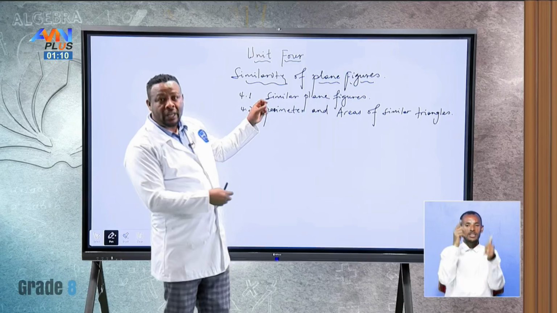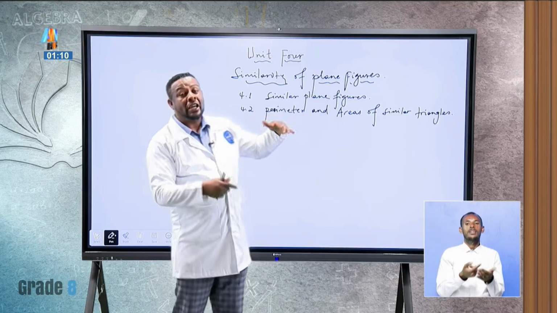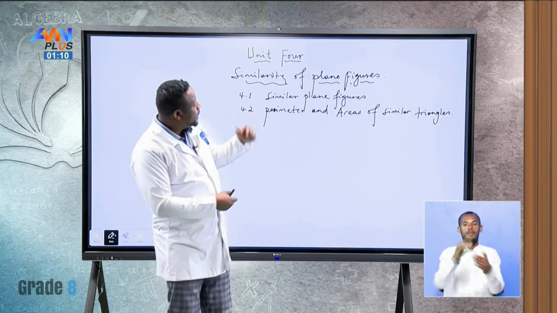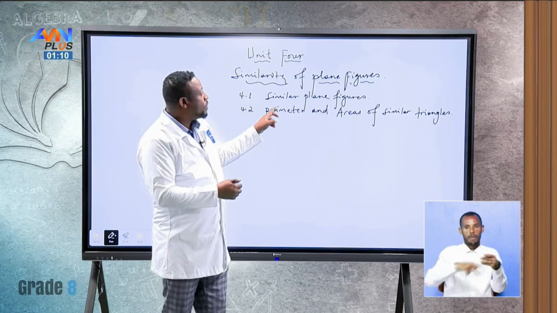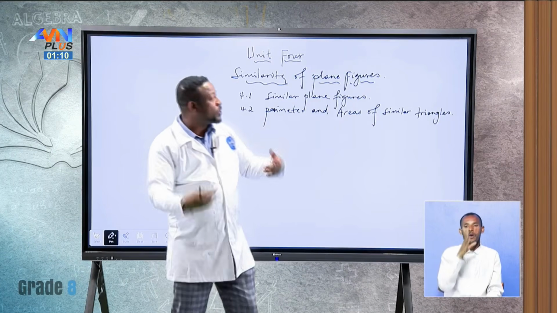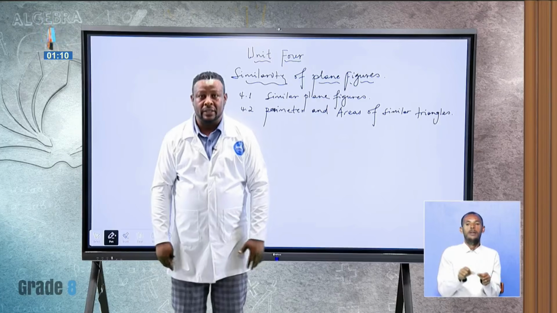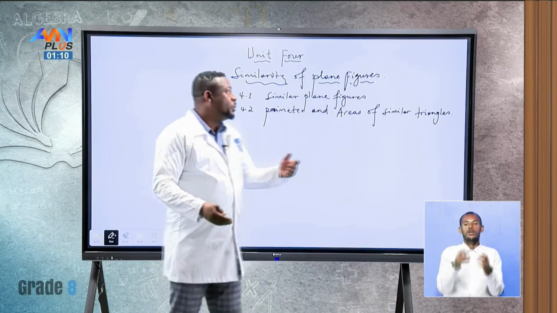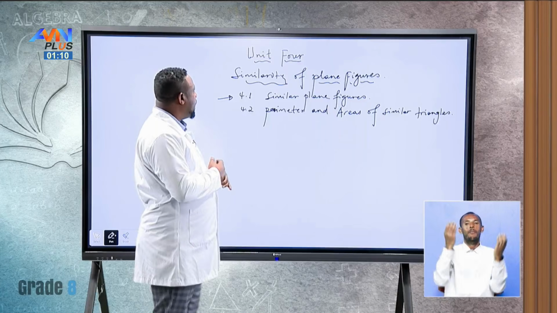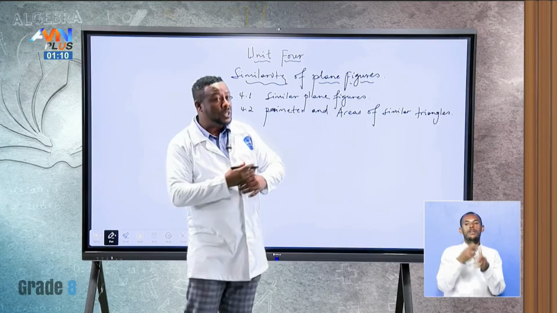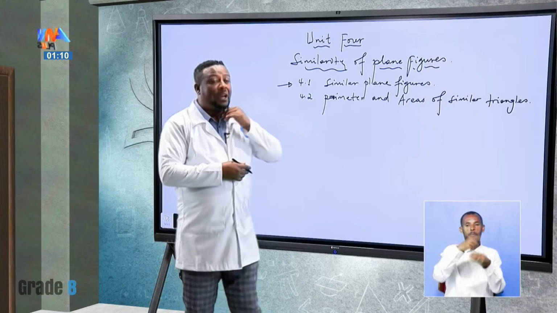The first one that I mentioned here, similar plane figures, and the second one is perimeter and areas of similar triangles. Okay, today we will have a discussion on the first topic of this unit, which is about similar plane figures.